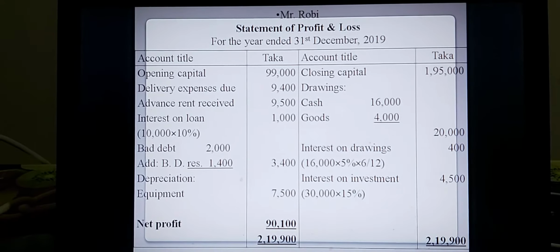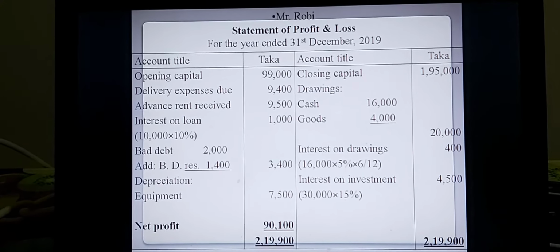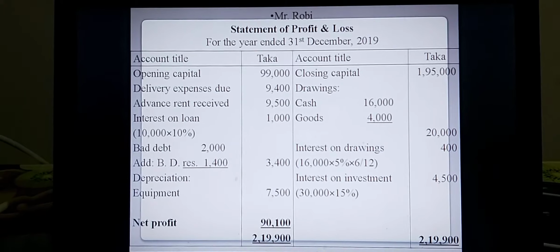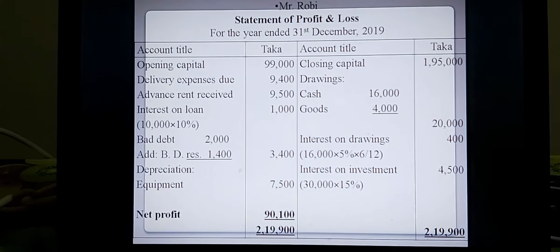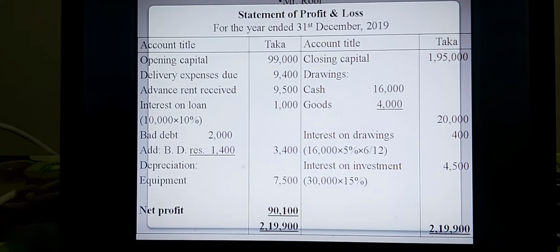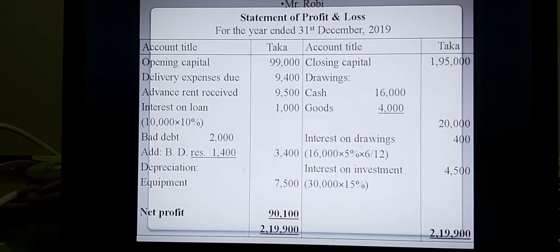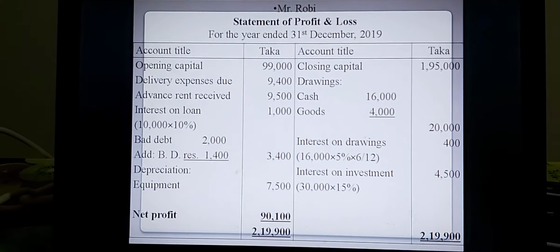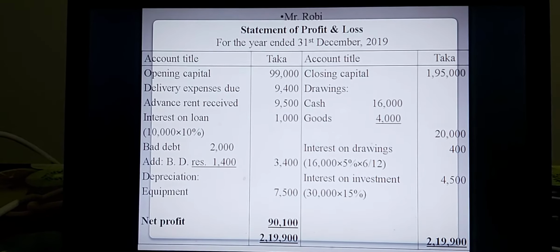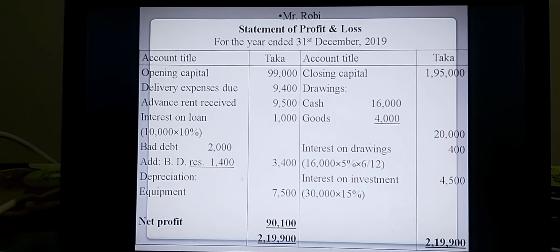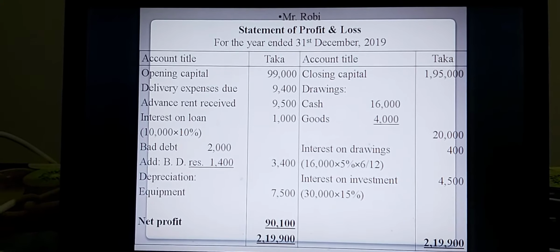And interest on investment, total investment 30,000 at the rate of 15%. So 30,000 into 15%, that is the amount of taka 4,500. Total of right side is taka 2,19,900.